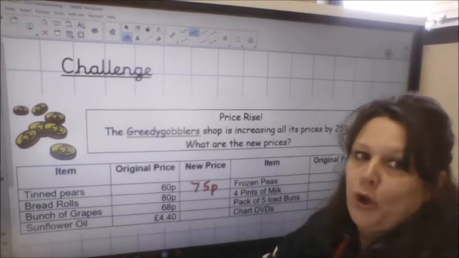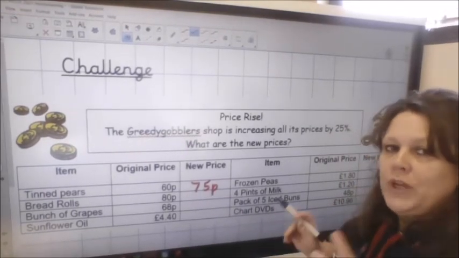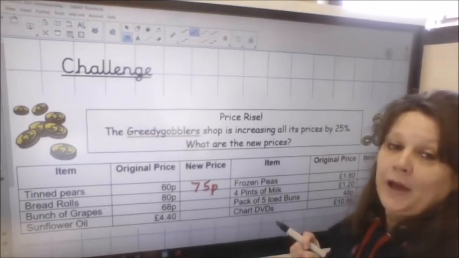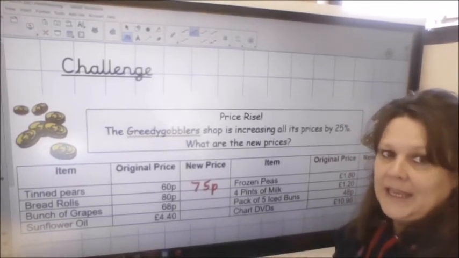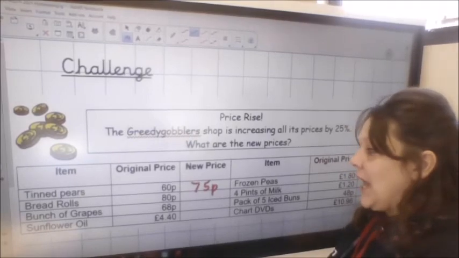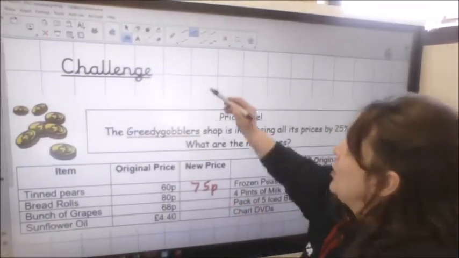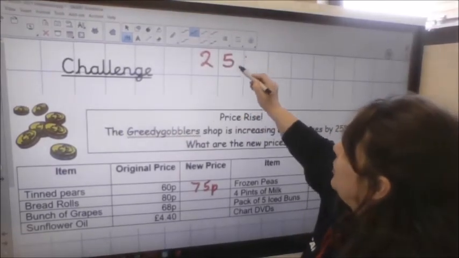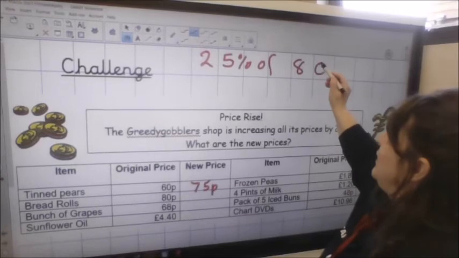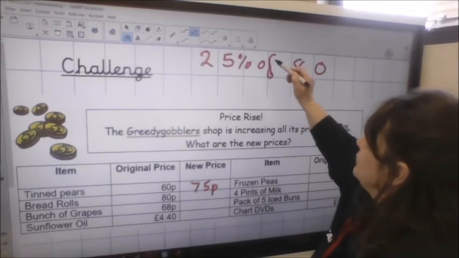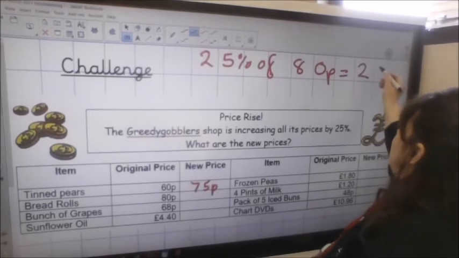So next one, bread rolls, they're 80p originally. We need to work out what a quarter, 25% of 80 is. Well, I know that 80 divided by 4 is 20. So 25% of 80 equals 20p.